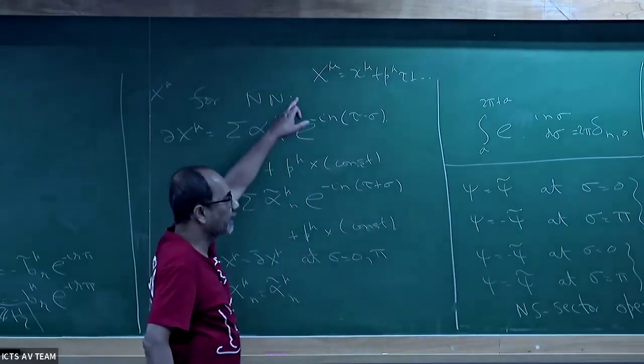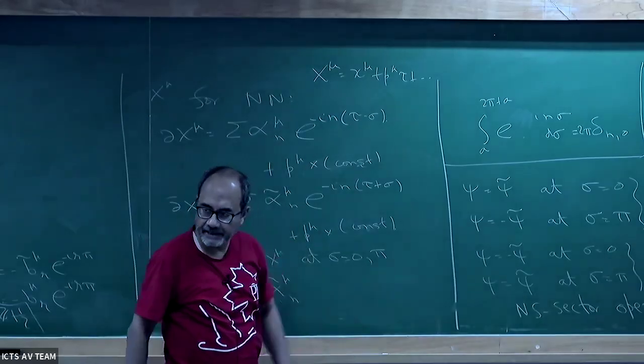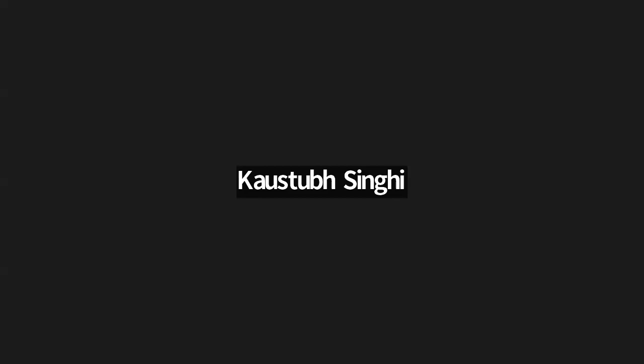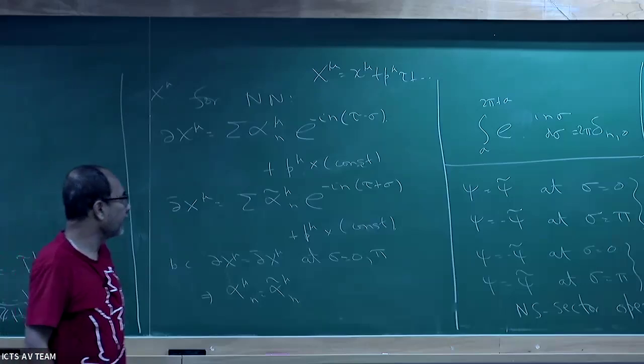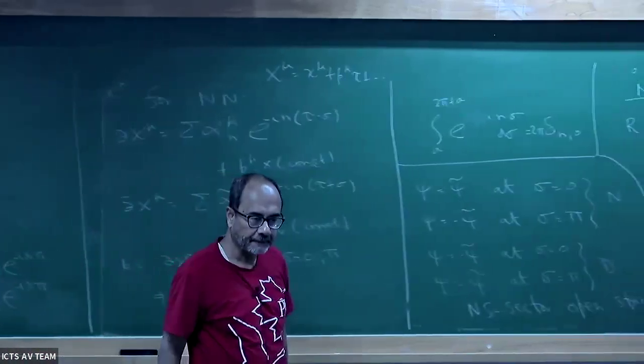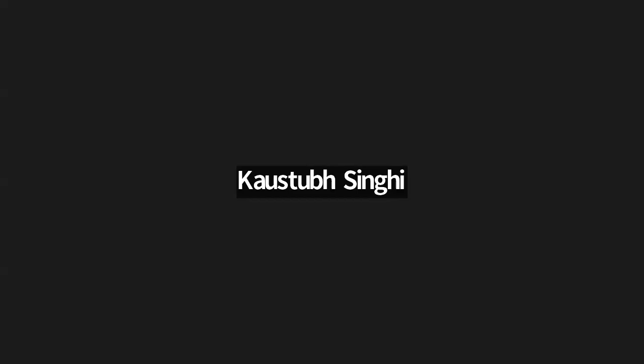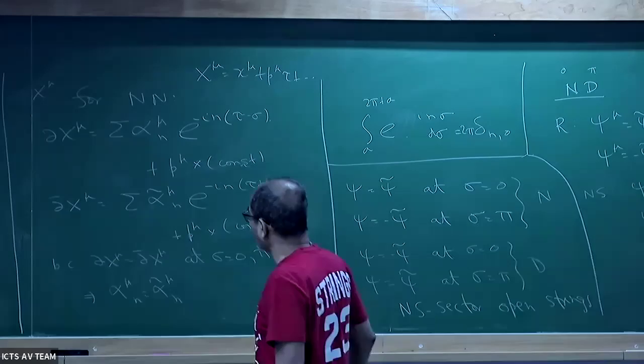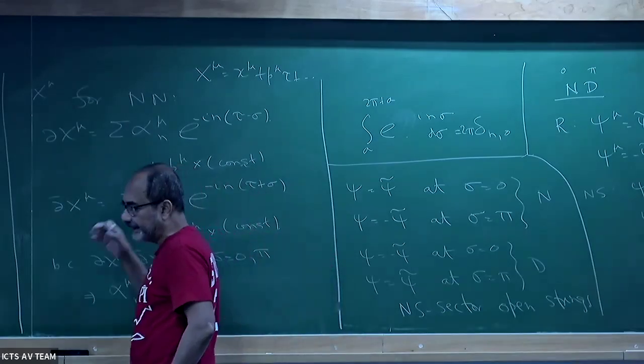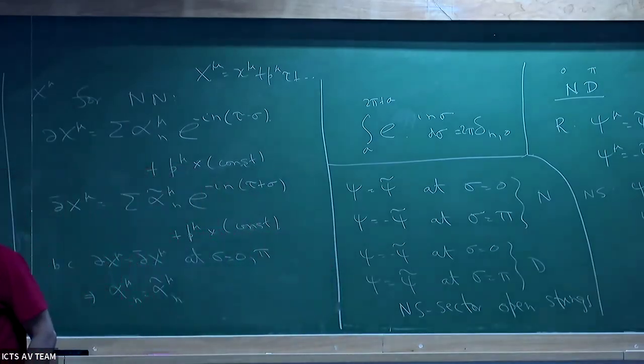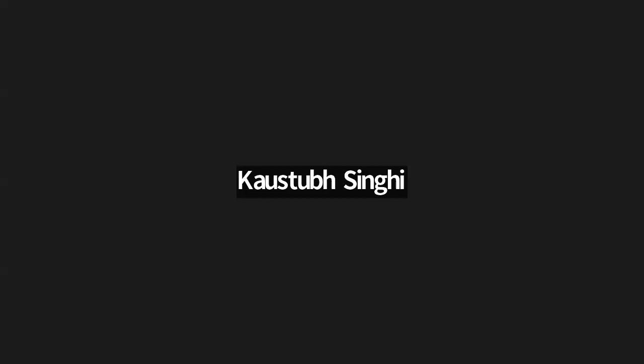So from here you can work out a normalization for del X mu and del bar X mu. The expansion for X had alpha mu n, yes indeed. The expansion for X had both alpha and alpha tilde. But when you calculate the holomorphic and anti-holomorphic derivative, or equivalently del plus and del minus if you are using the Lorentzian coordinate, then one of them involves only alpha, the other one involves only alpha tilde. Won't an iota n also come down?